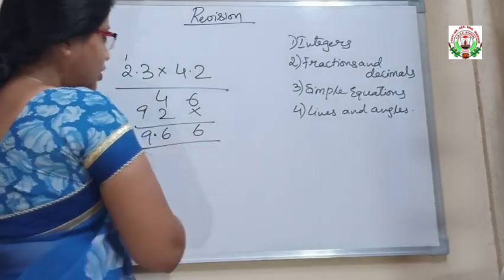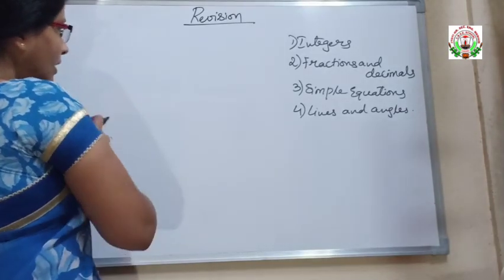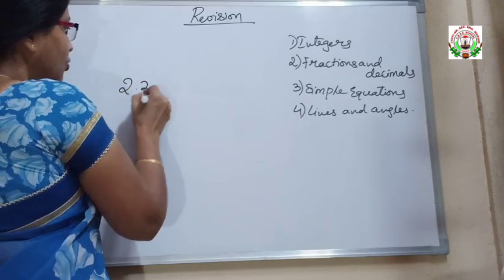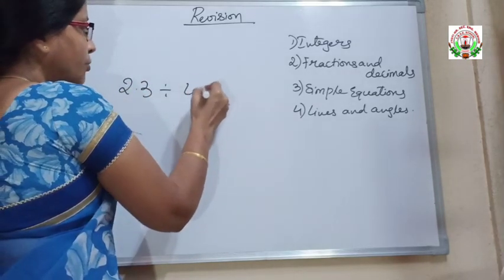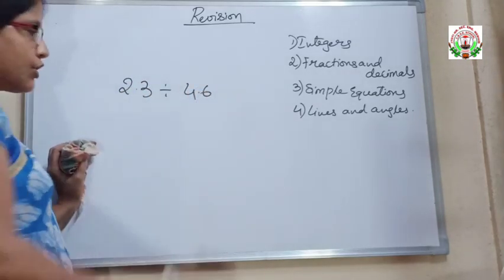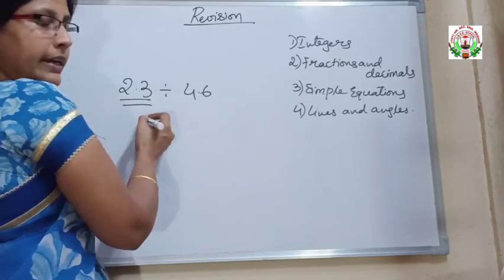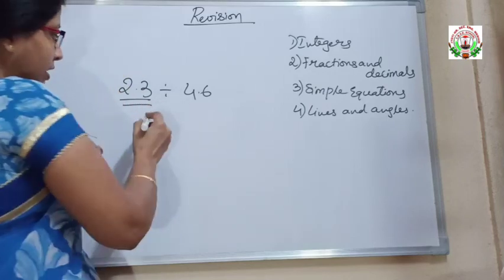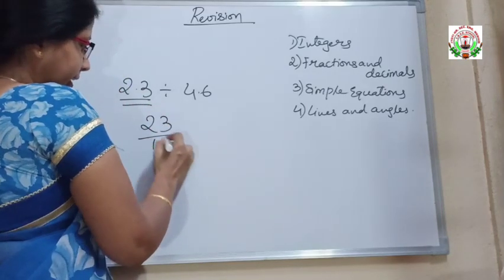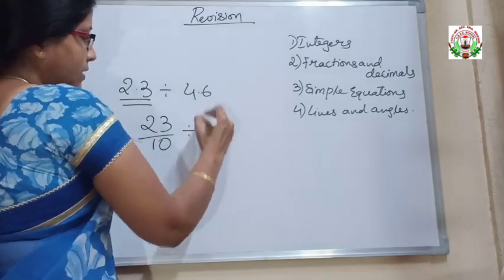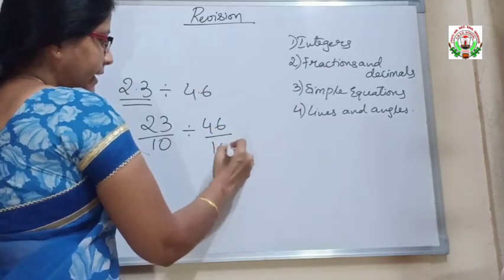If you go for division of decimals, like the same numbers, I am taking 2.3 divided by 4.6. We can write the decimal numbers as fractions, that is 23 by 10 divided by 46 by 10.